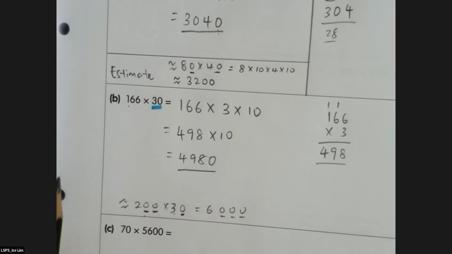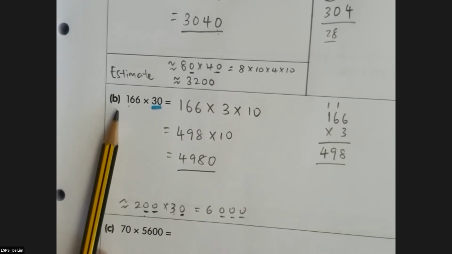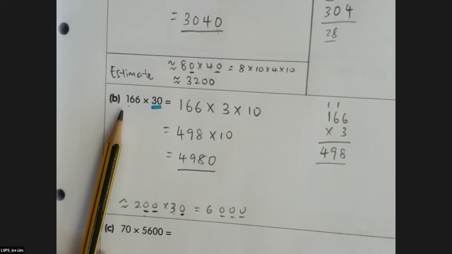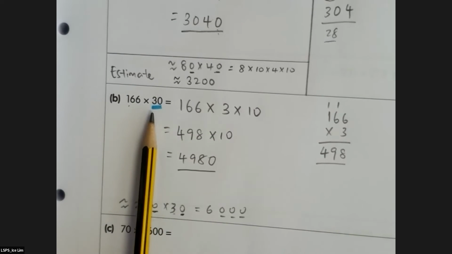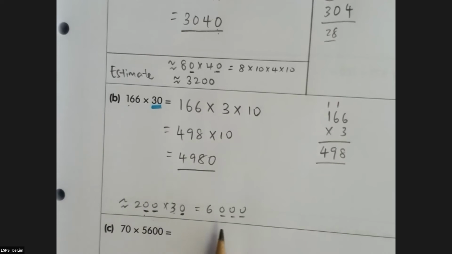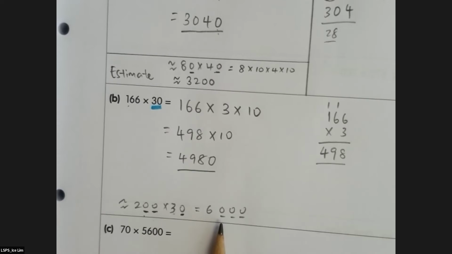What I mean is that I'm looking at a number that is up to 100, and then it's multiplied by a number in the tens place. So when I multiply together, I should get an answer that's up to the thousands place, at least. Then I see, it's indeed in the thousands place. So that's the purpose of estimation.